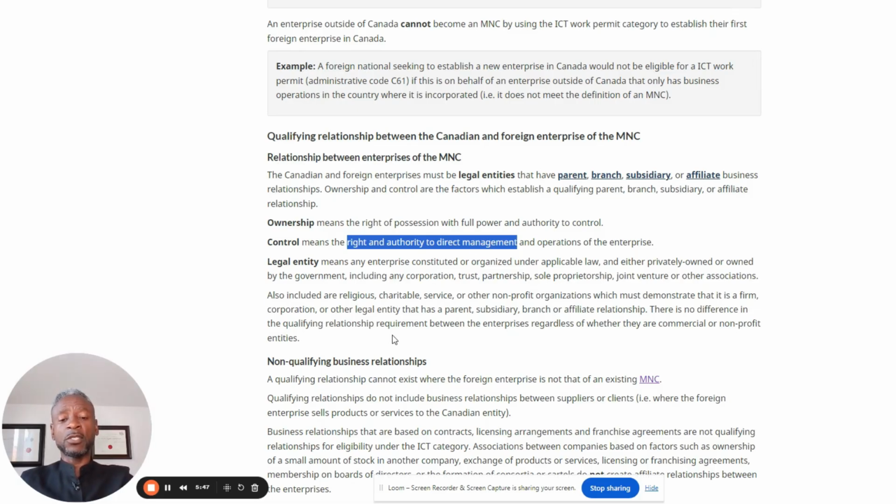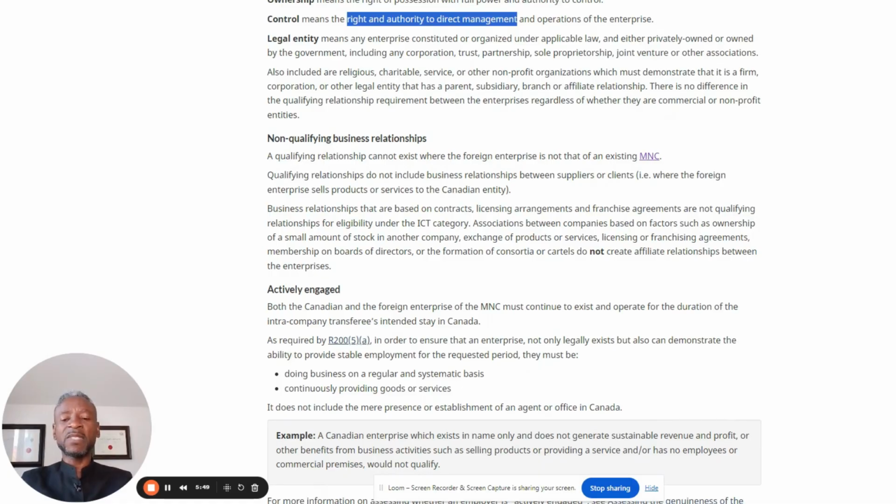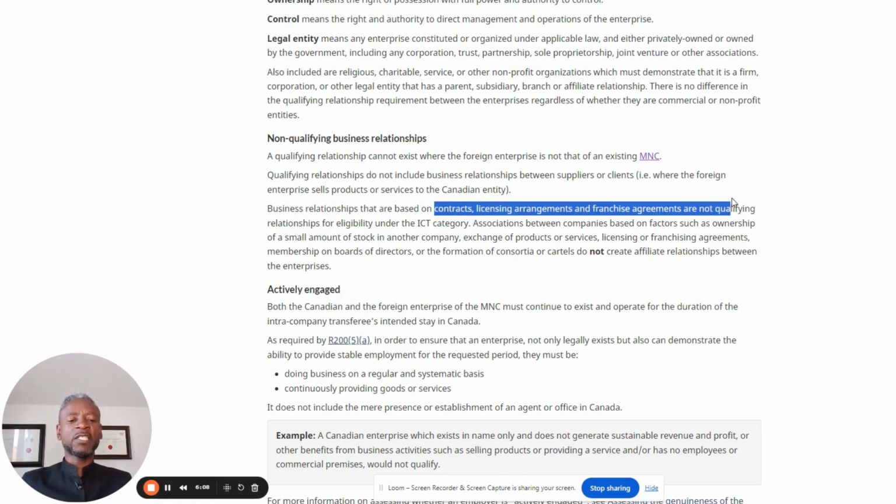And it's also important to note that there are some types of business relationships that would not meet this definition. If you are in contract, for instance, a business that is in contract with another entity, that in and of itself is not a qualifying relationship, because there's no common ownership and control between the entities.